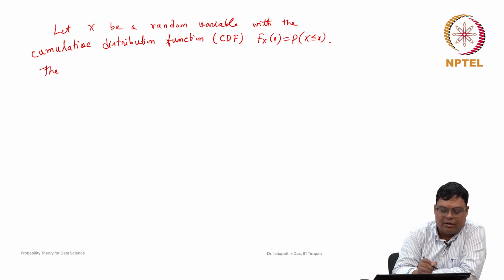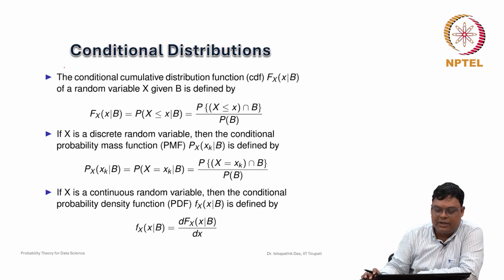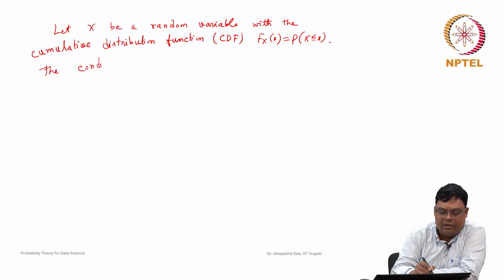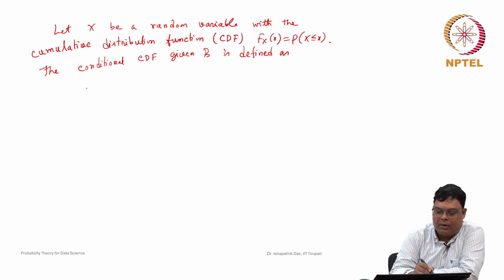The conditional distribution is defined as the conditional cumulative distribution function of a random variable X given B. The conditional C.D.F given B is defined as F_X(x | B).